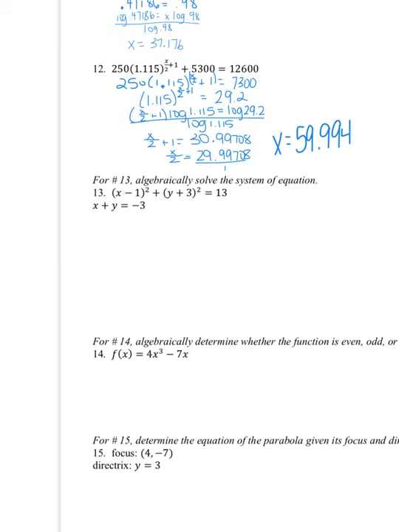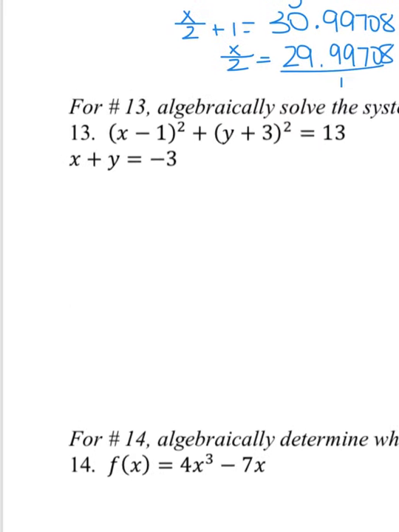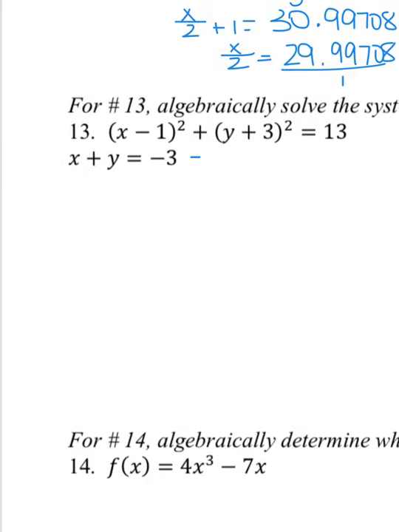Number 13, we have 13 to the end. They're all review questions. They're all old stuff. So for number 13, this is a circle linear system. So I'm going to rewrite this as y is equal to negative x minus 3. I'm going to take that negative x minus 3 and plug it in for y right here.